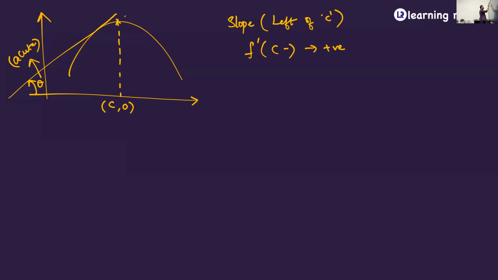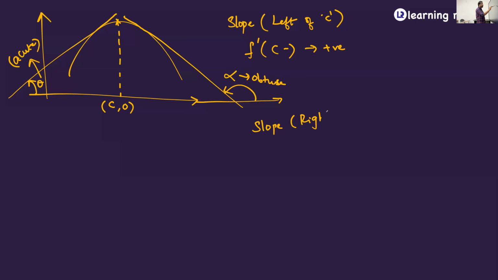Similarly, if you draw a tangent on the right of c, and observe the angle made by this line with the x-axis in the anti-clockwise direction, let me call this alpha, then alpha is obtuse. When it is obtuse, the slope of this tangent will always be negative. So f dash of c plus will be negative.